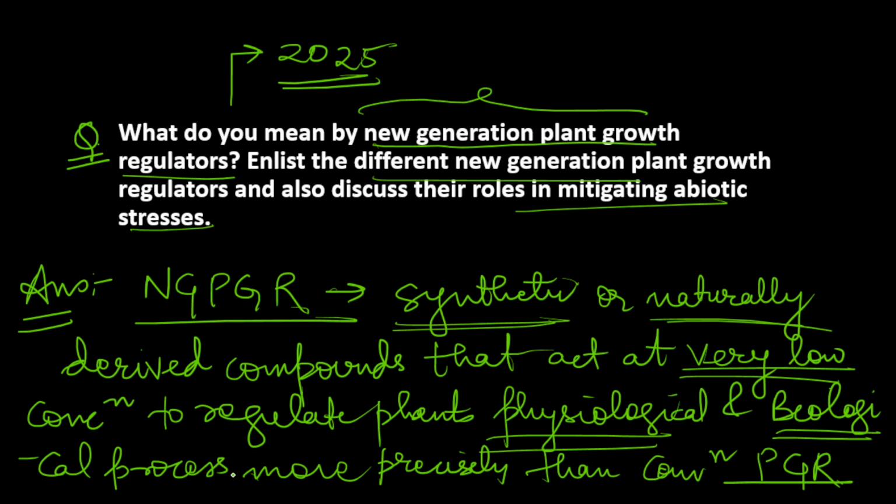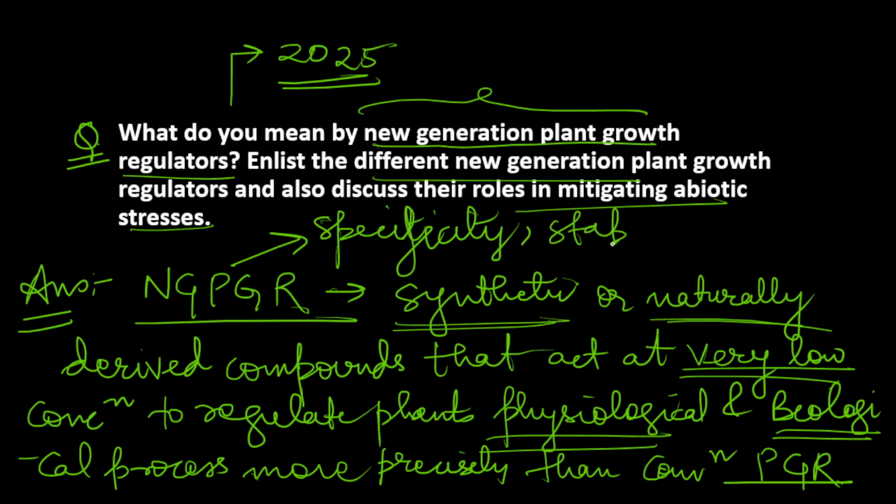Not only more precise, the specificity is higher and the stability is higher. So these are the properties. They are very specific, they are very stable. They have multiple modes of action.